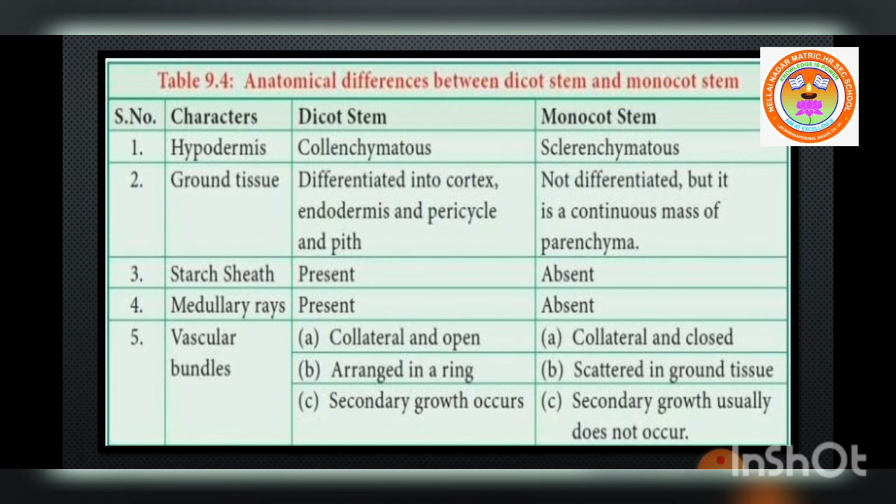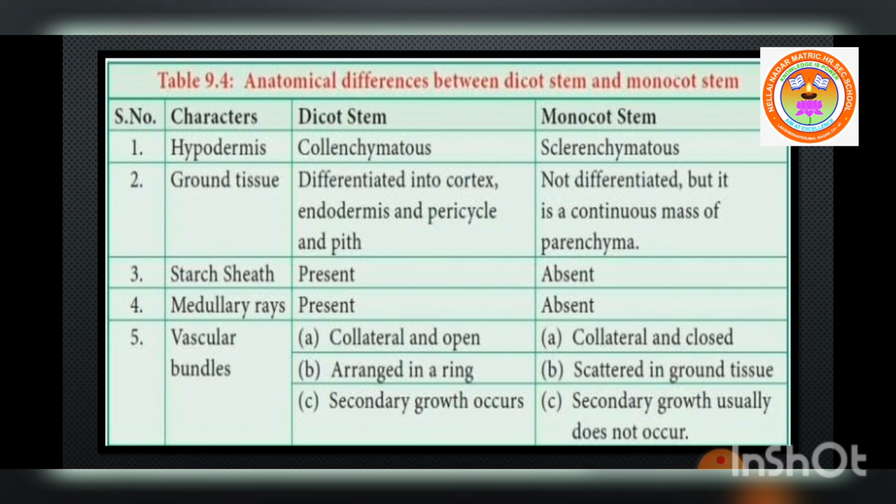This is the first anatomical difference between dicot stem and monocot stem. Next character, ground tissue. In dicot stem, ground tissue is differentiated into cortex, endodermis, pericycle and pith. But in monocot stem, ground tissue is not differentiated, but it is a continuous mass of parenchyma.